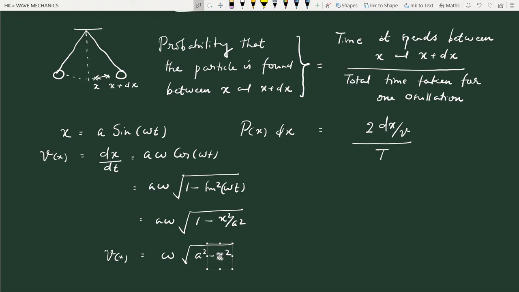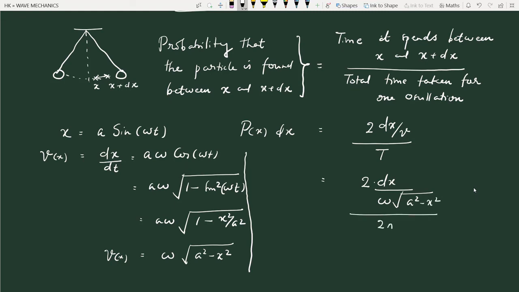So let us substitute this value in our expression for the probability. The probability is 2 times dx divided by omega into root of a square minus x square, whole divided by T, and the time period you can express in terms of omega, it is 2 pi by omega.